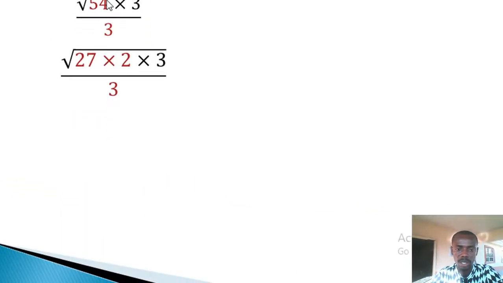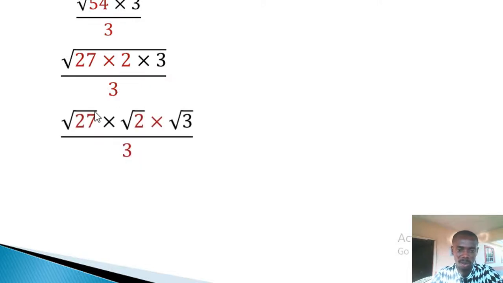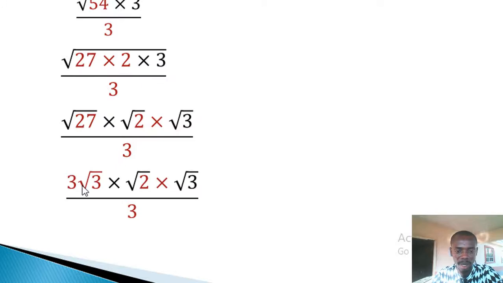So splitting 54 into 2, 54 gives 27 multiplied by 2. Then root 3 still over 3. So I'm splitting everything out. This is root 27 multiplied by root 2 multiplied by root 3, then over 3. Okay, from root 27 I'm having 3 root 3 multiplied by root 2 multiplied by root 3, then over 3.